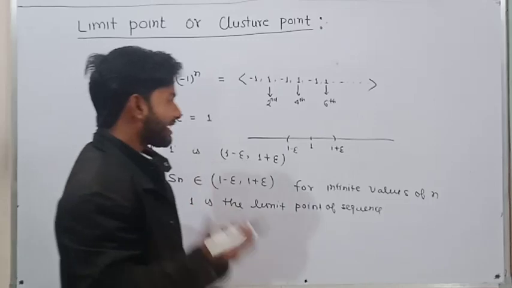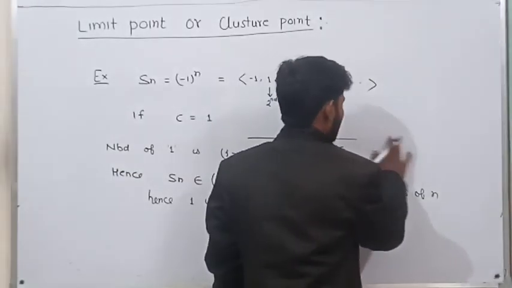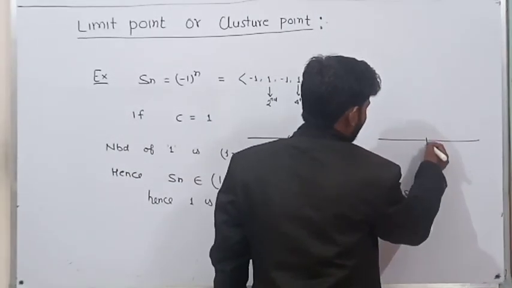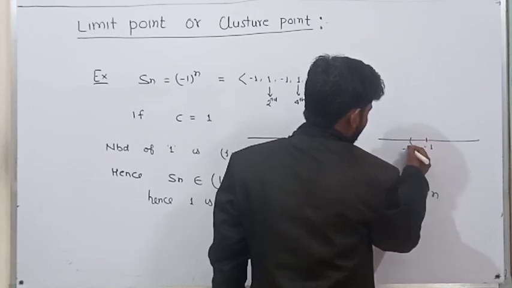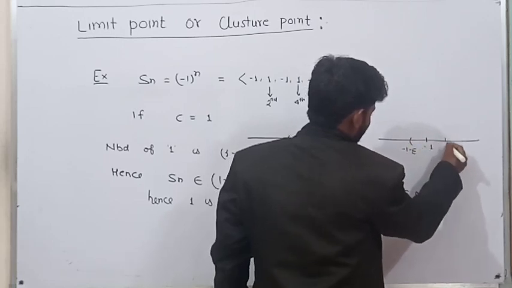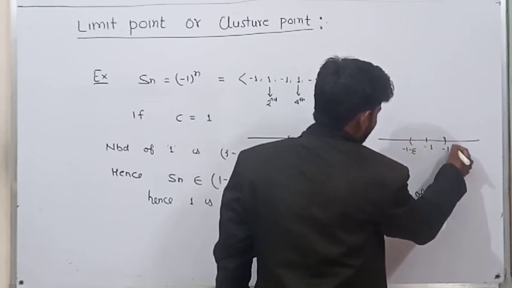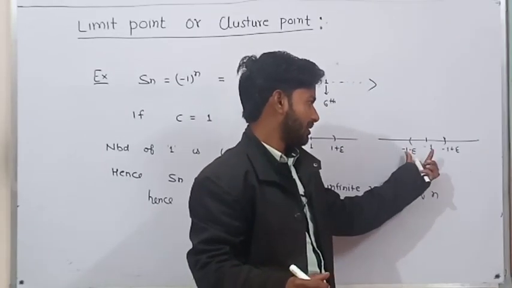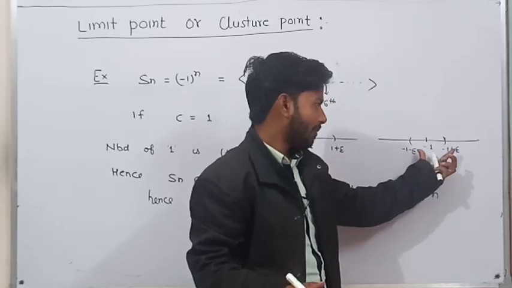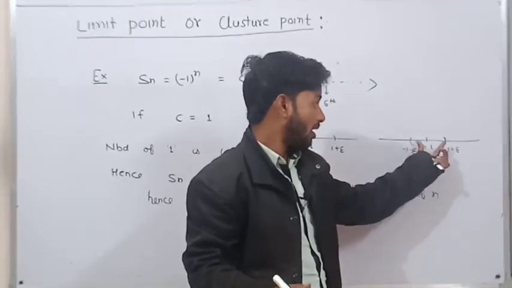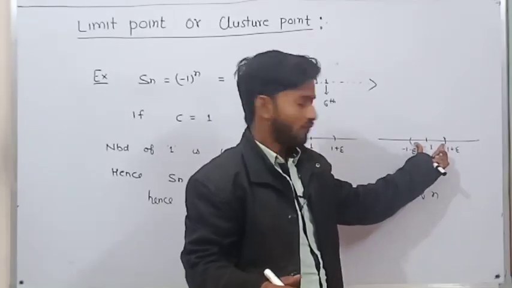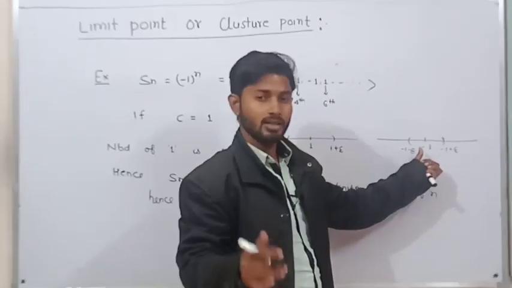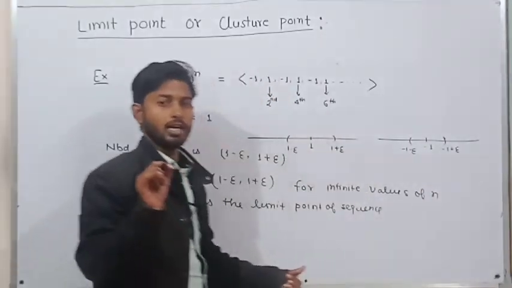Similarly, we can check that minus 1 is also a limit point of the sequence, since the neighborhood of minus 1, that is (minus 1 minus epsilon, minus 1 plus epsilon), also contains an infinite number of terms. Hence minus 1 is also a limit point.